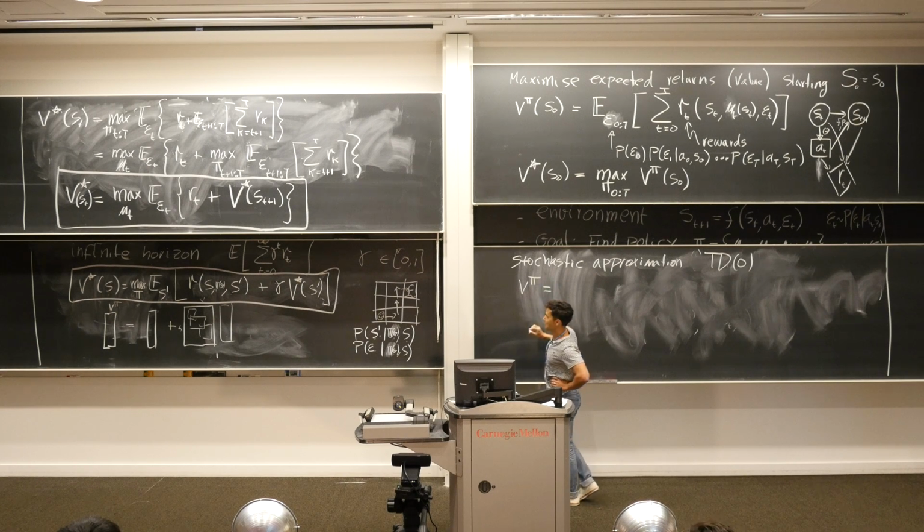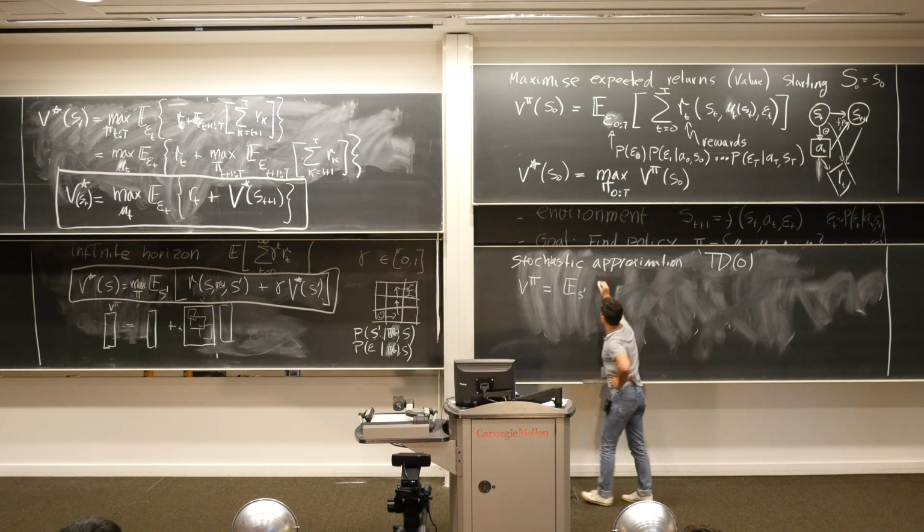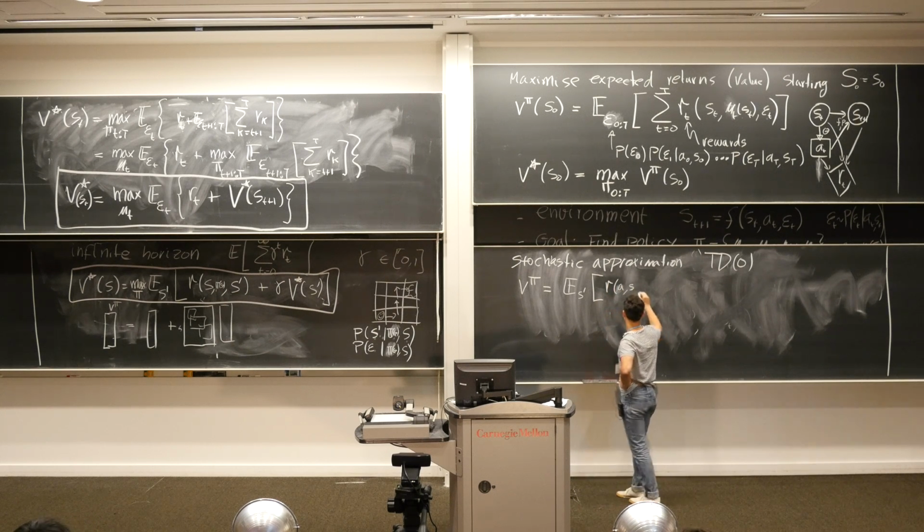So this is going to be V pi, expectation over S prime, that is expectation over the probability of S prime given S, R of A, S, S prime.